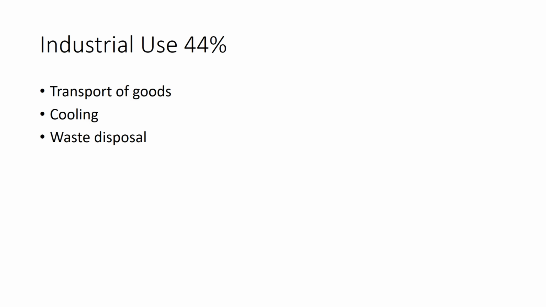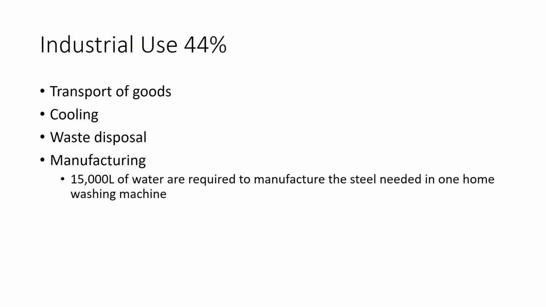We of course use it for waste disposal, and then in the manufacturing of steel, for example. So if you look at the amount of steel needed to build just a home clothes washer, we get about 15,000 liters of water just for the steel in that washer. And then, of course, in mining and refining natural resources, we use a fair amount of water for that. So, industrial sector, significantly larger than household use.